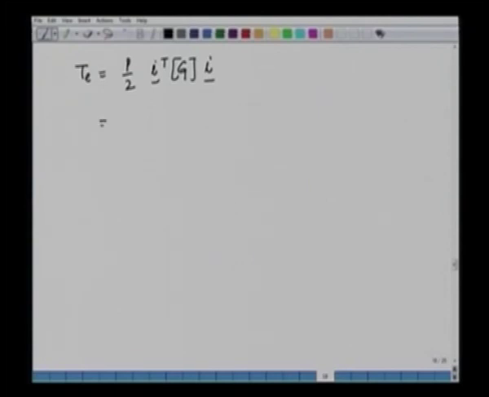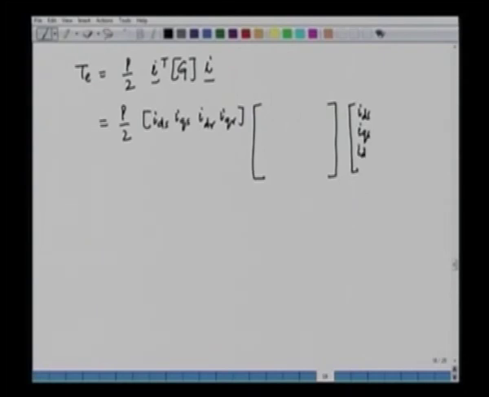So we can simplify this equation, P by 2. And what about I transpose? I transpose is IDS, IQS, IDR, and IQR. Now what is the G matrix? G matrix we can write here, and then we have IDS, IQS, IDR, and IQR.